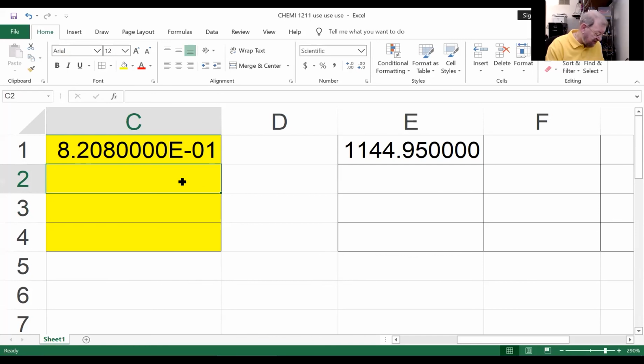And if you look at the two numbers, they were both 3 significant figures. So round that off to 3 significant figures. Keep the 8, keep the 2, keep the 0. Use the 8 to round off. And that's 5 or higher. Increase the 0 by 1. So you get 8.21 times 10 to the minus 1.